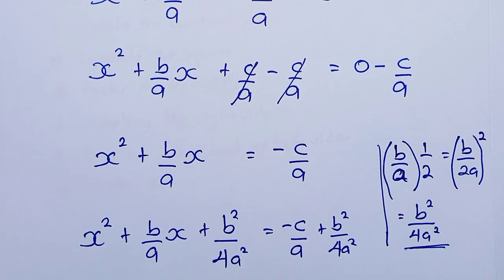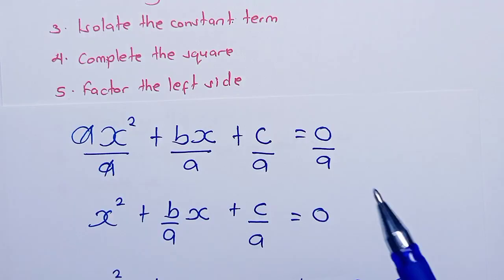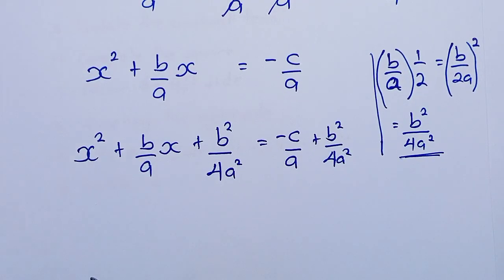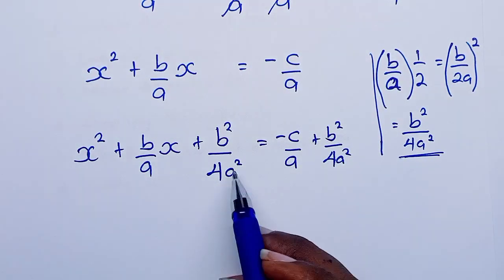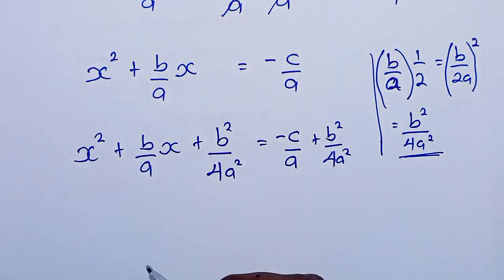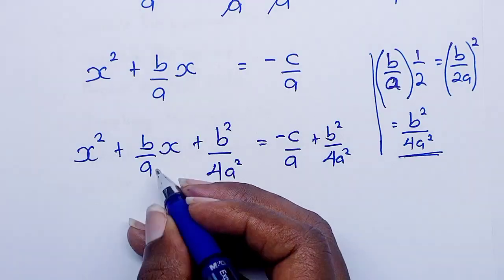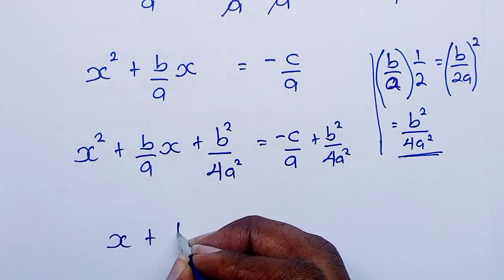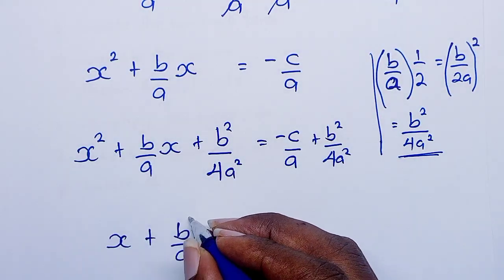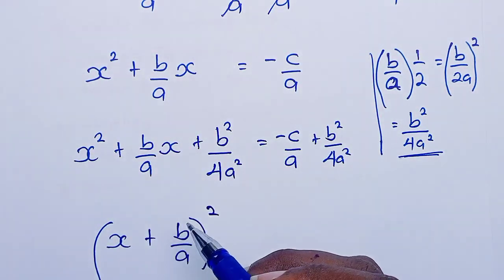Now the next step here is to factor the left side. The left side is now a perfect square trinomial and can be factored as a binomial squared. So this is x plus b over a squared, this left side here.